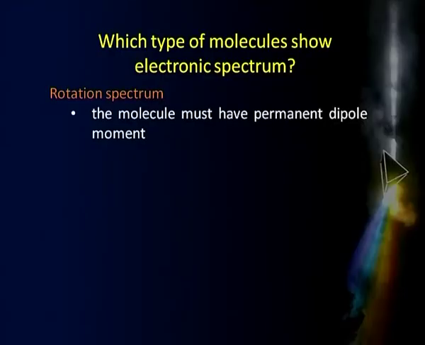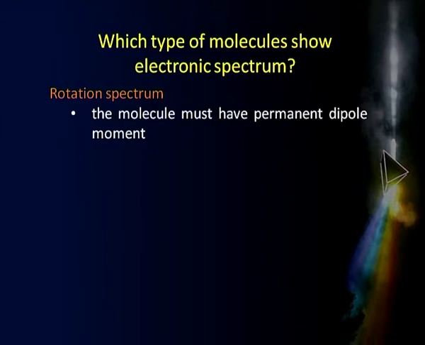Let us move further and raise a question: what type of molecules show an electronic spectrum? Here again we will go back a little and come back. When we talked about rotation spectrum, we realized that a molecule will give a rotation spectrum if and only if it has a permanent dipole moment.